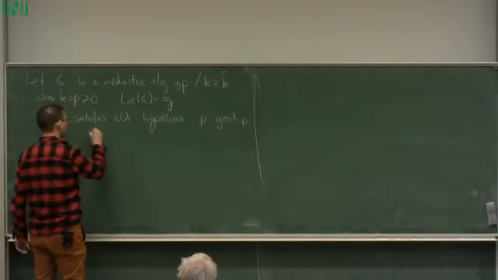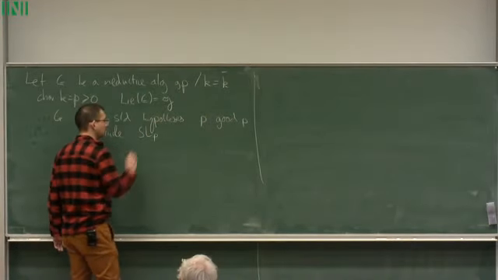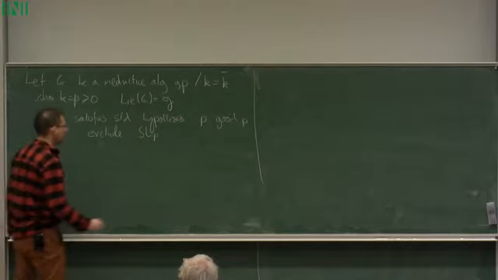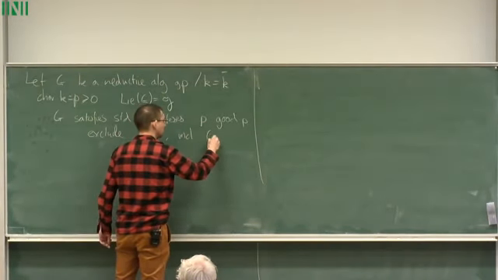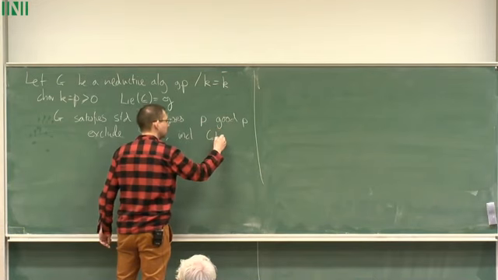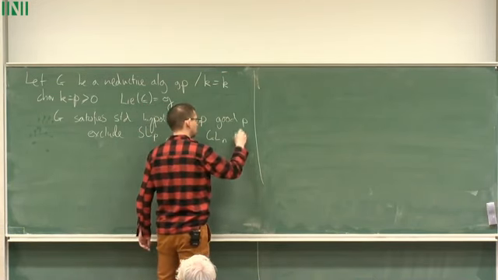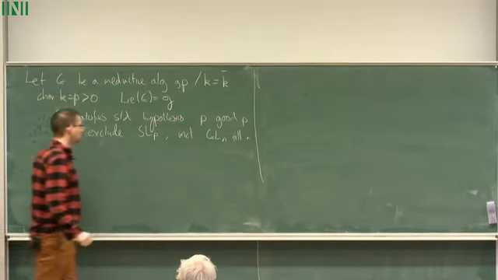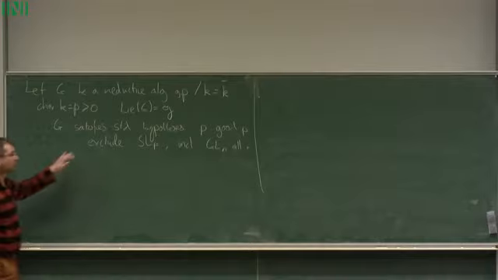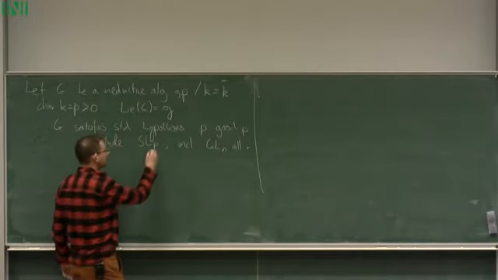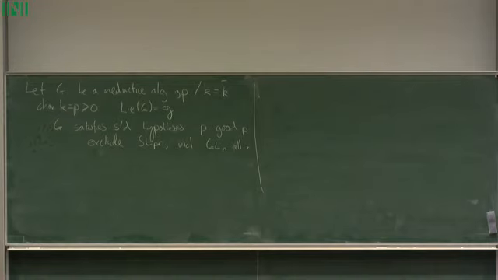We also exclude SL_p, but we can include things like GL_n for all n, and SL_q where q is a power of p, any multiple of p. I'm just giving some examples.